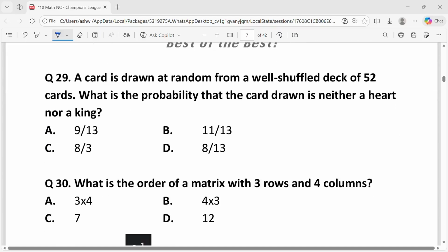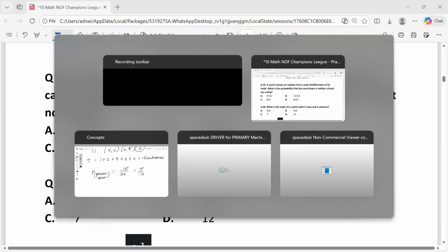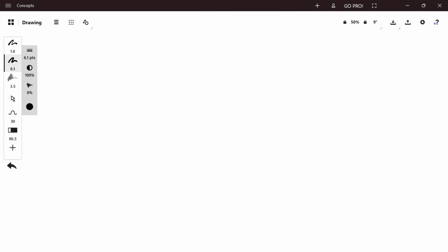Question 29. A card is drawn at random from a well-shuffled deck of 52 cards. What is the probability that the card drawn is neither a heart nor a king? The problem involves calculating probability by identifying the favorable outcomes and dividing by the total possible outcomes. The total number of cards is 52.